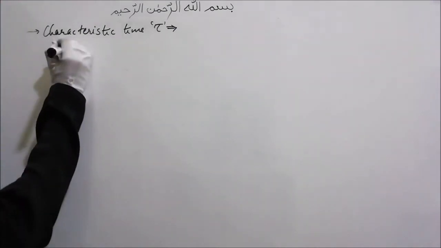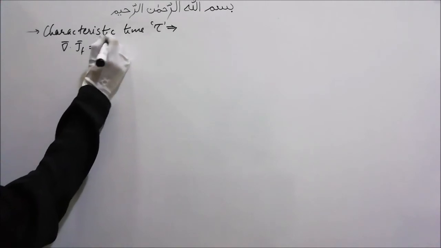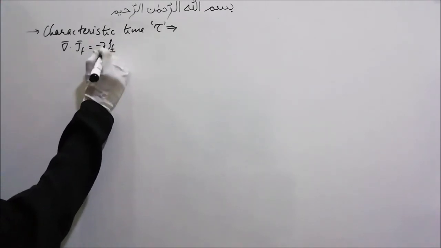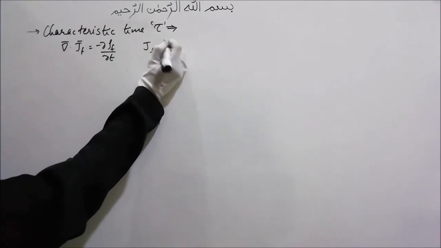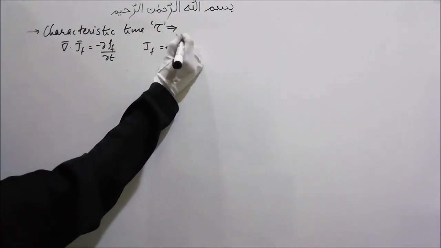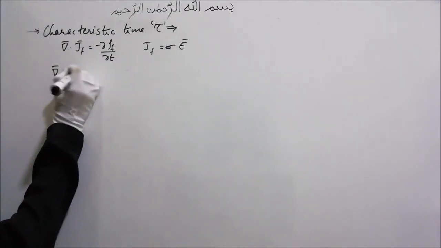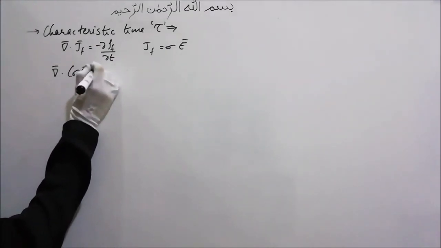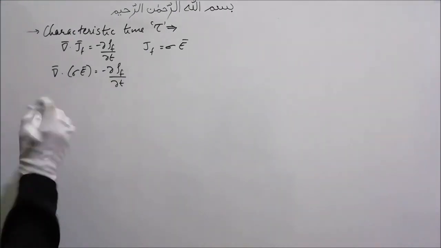According to the equation of continuity, we have del dot J free is equal to minus del rho free upon del t. And we also know Ohm's law, J free is equal to sigma into E. Put this value here, we'll have del dot sigma E is equal to minus del rho free upon del t.